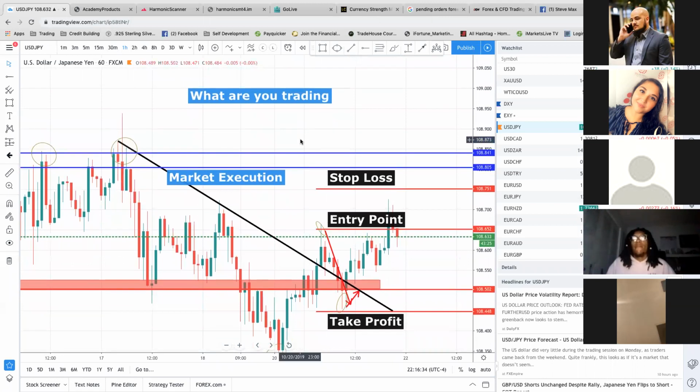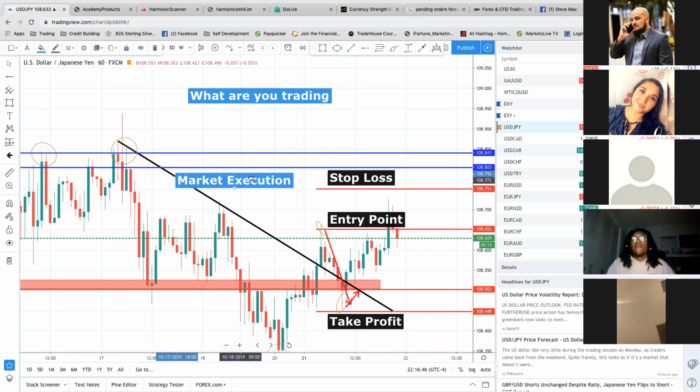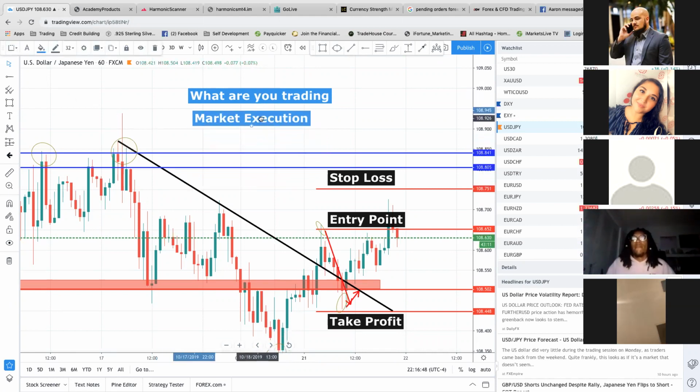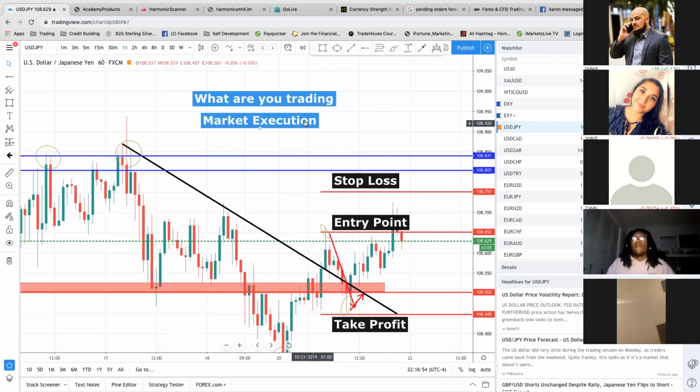When you go to your MetaTrader 4, you've got to make sure that at the top of your MetaTrader 4 is the pair that you want to trade. Very, very important. So what are you trading? Then it's going to tell you the type of order that it is. The main order that I'm working with, that experienced traders work with, is what's called a market execution.